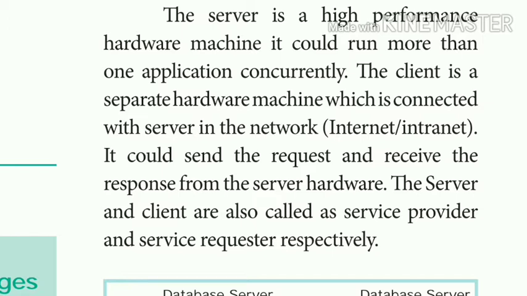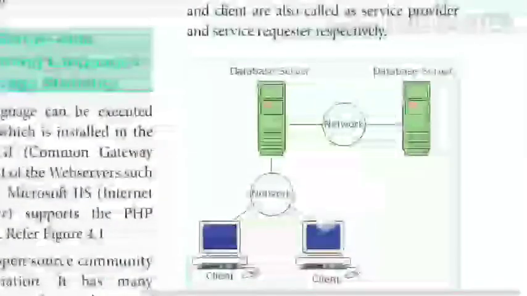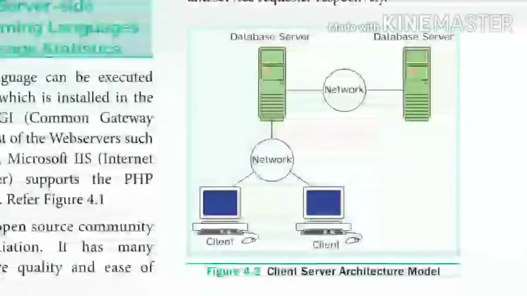So the client will ask for some data or services, and the server will provide the services or data requested by the client. Here you can see the client server architecture model.